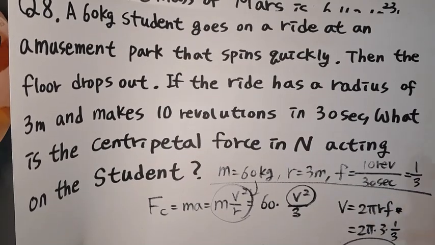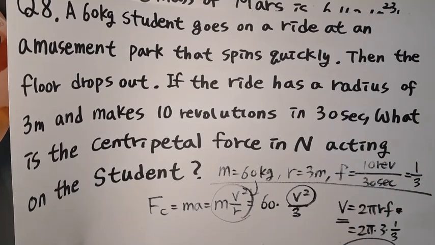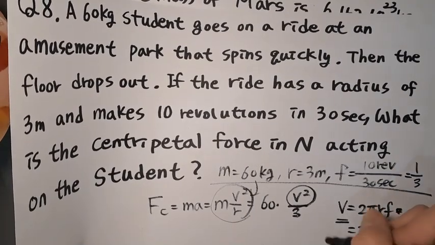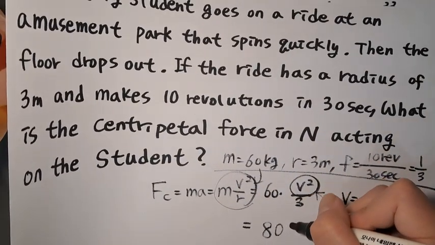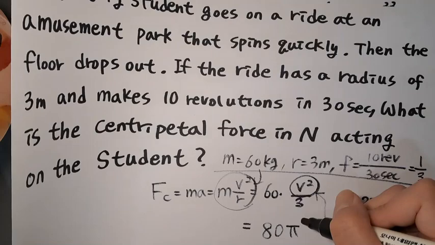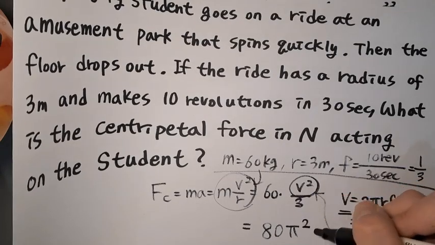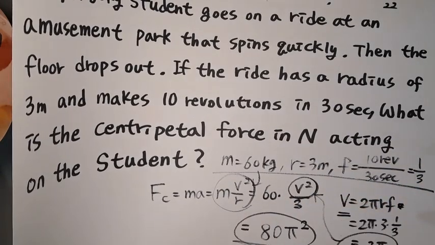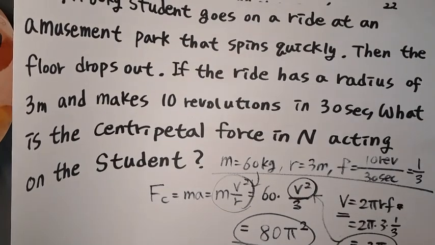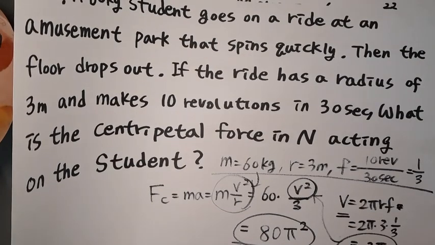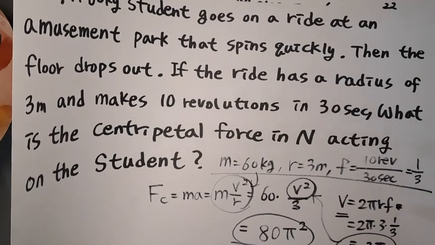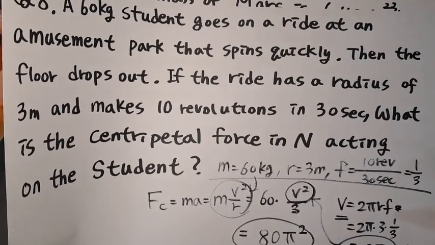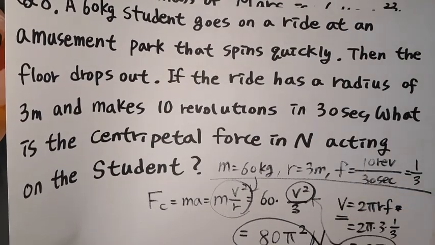So we are going to apply this to the velocity. So we can find the final value of 80 pi squared. So the centripetal force acting on the student is going to be 80 pi squared Newton.